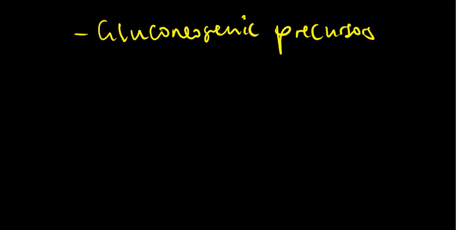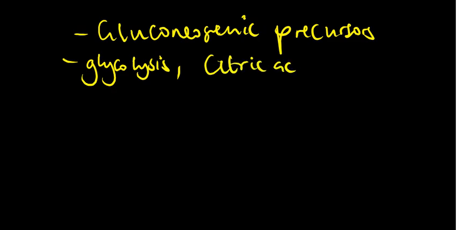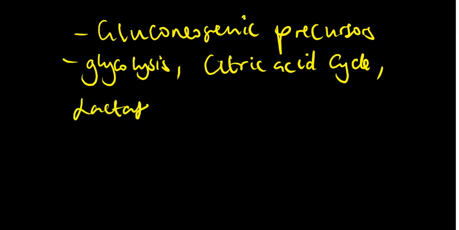These precursors can be intermediates that are found in other cycles, for instance glycolysis and the citric acid cycle, as well as the lactate cycle or Cori cycle, glycerol, and so on and so forth.